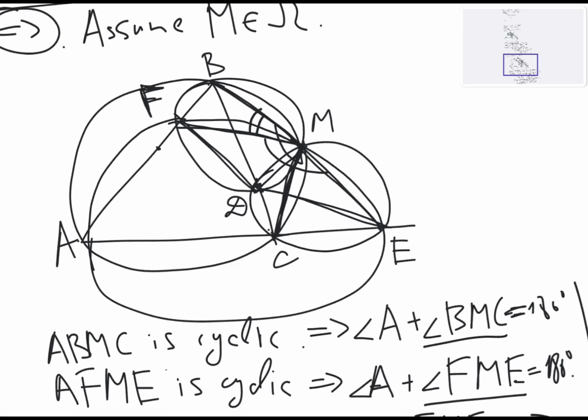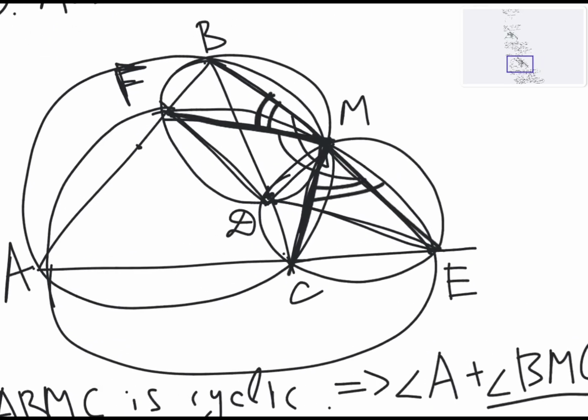Now we construct the equalities: this angle is equal to this as two inscribed angles in the same circle subtending the same arc FB, and this angle CME is equal to CDE as inscribed in the same circle subtending the same arc CE, right?